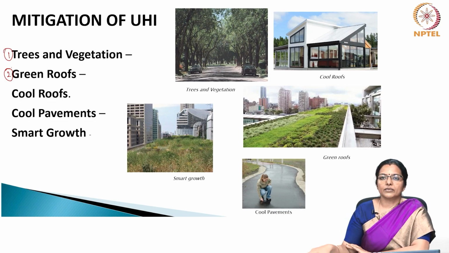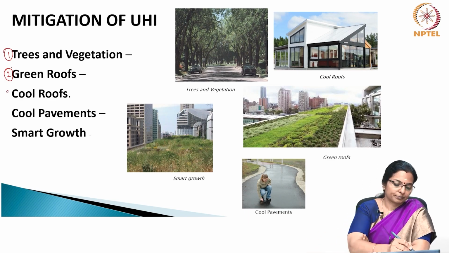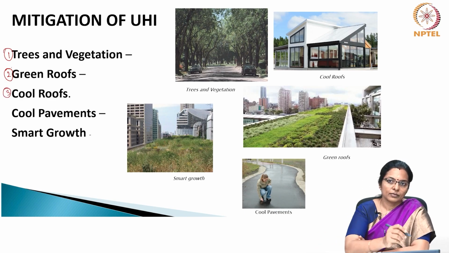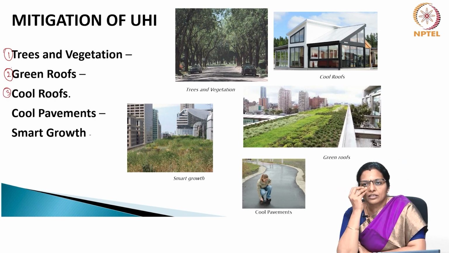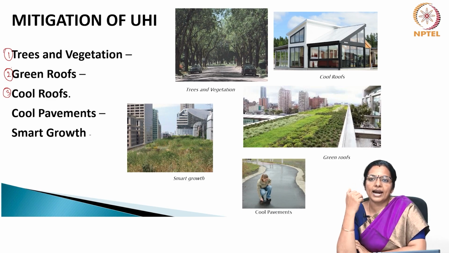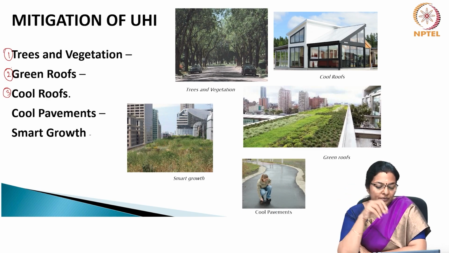Third is cool roofs. Cool roofs are composed of materials or coatings that dramatically reflect heat from the sun away from the building. You can minimize energy use, improve occupant comfort, and lower room temperature.